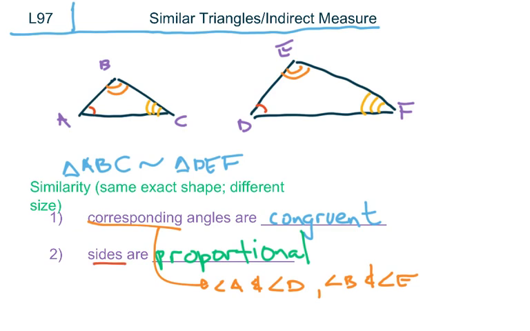Now, we also have corresponding sides. So if you think about something like side BC, what would its corresponding side be? Go ahead, Susie Q. Side EF. Good job, Susie Q. You have been redeemed. Well done.